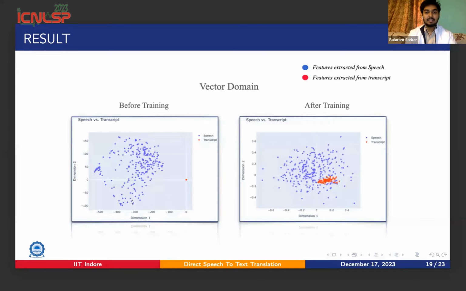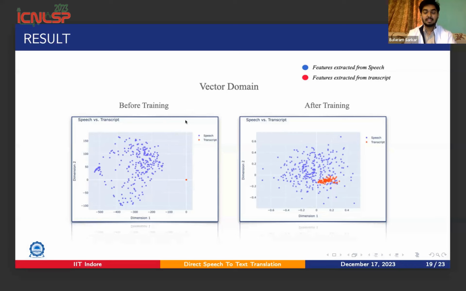And finally, we see that before training, in the vector domain, the speech and transcript were far away from each other. I don't know if it is properly visible, the red dots being the transcript and the blues being the speech.